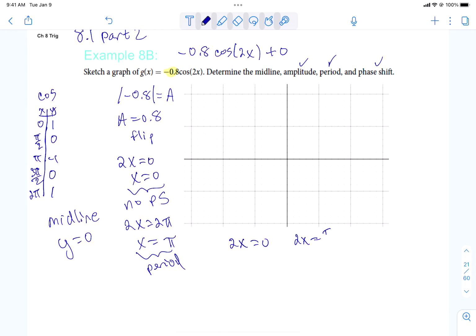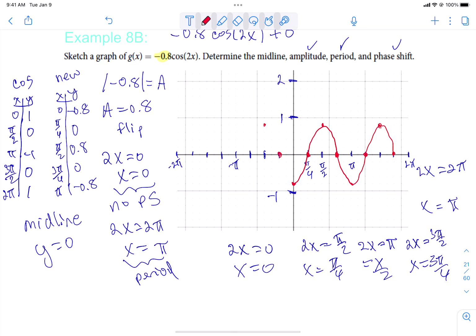And then let's keep it going so we can make this pretty. So just finish off the bump, spread your graph paper out. Each bump should be the same width and the same height each time going up, same height each time going down. Okay, so there is example 8b.